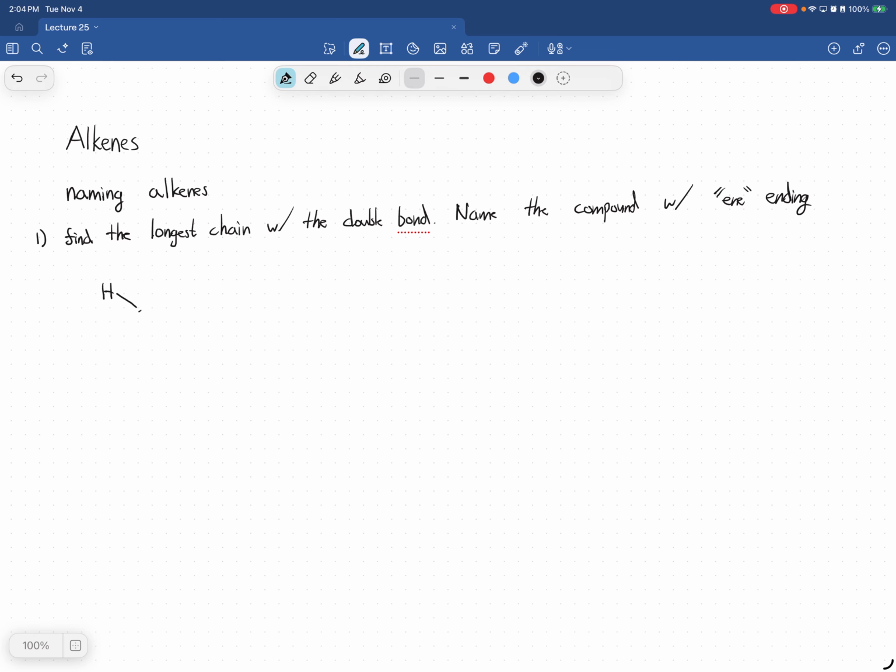So for example, the simplest alkene here is ethene. Ethene is not only an important industrial chemical, it's also found in living things as a signaling molecule in trees. So not just used industrially.